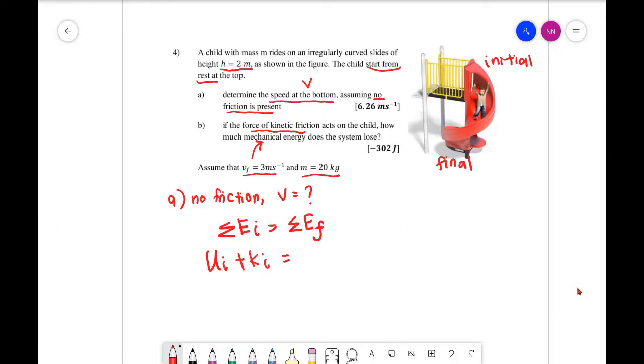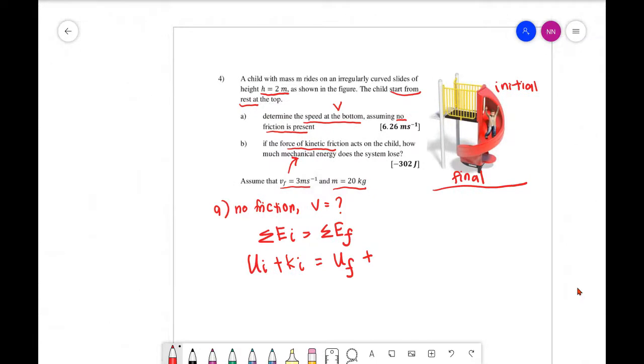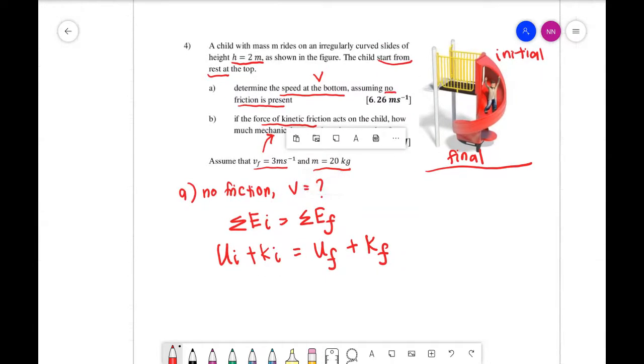And then at final position, the child is at ground level, so it has no potential energy, but it's still moving, and we want to find the speed of the motion at final position. There's kinetic energy at final position.